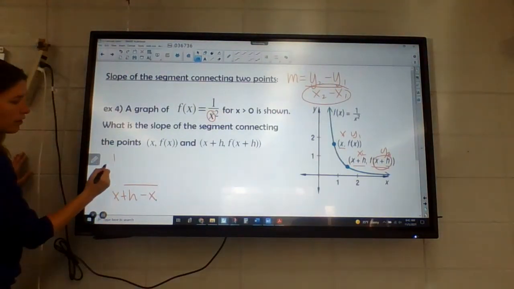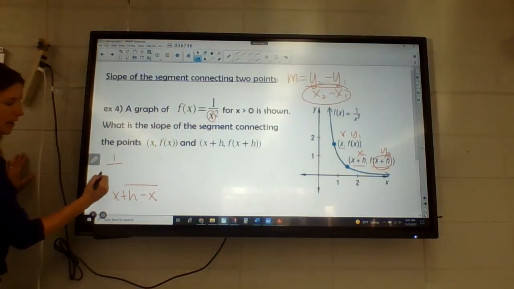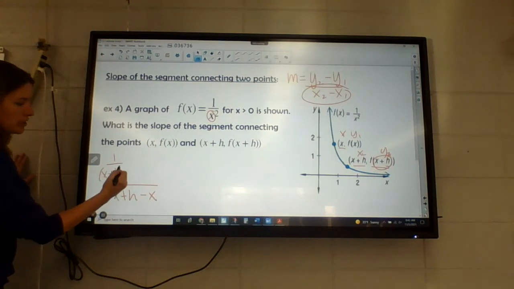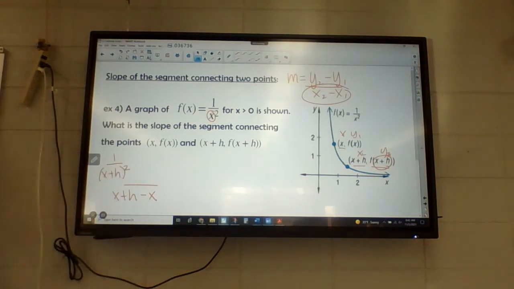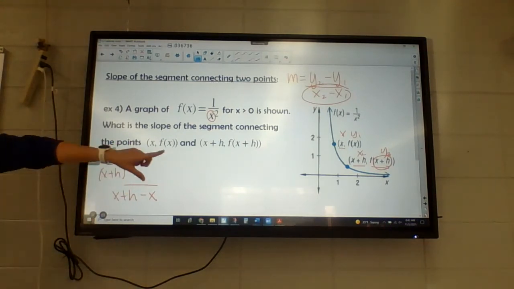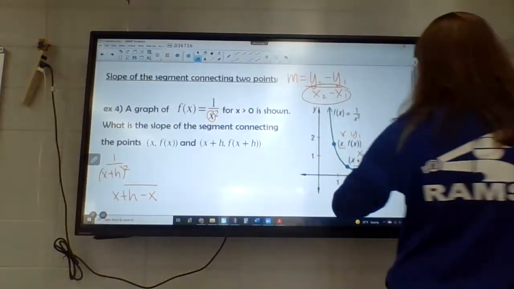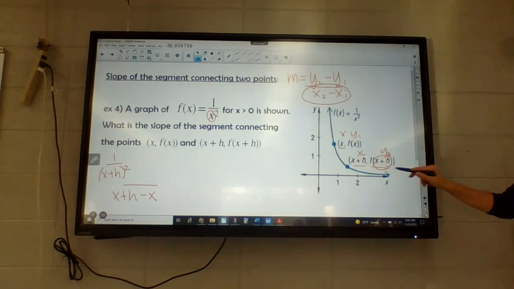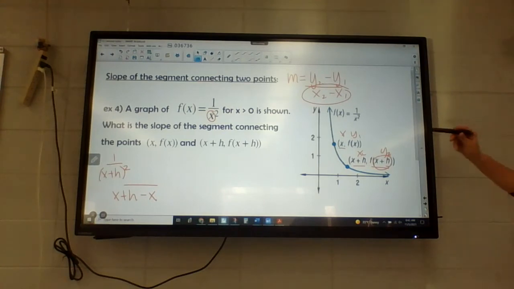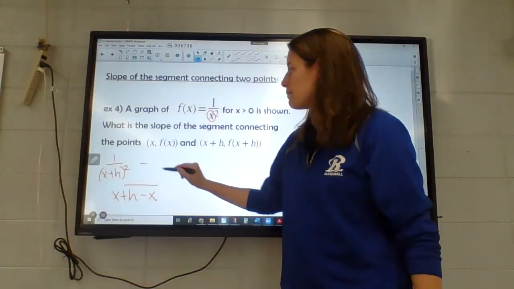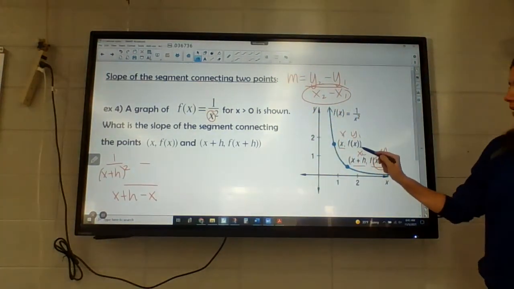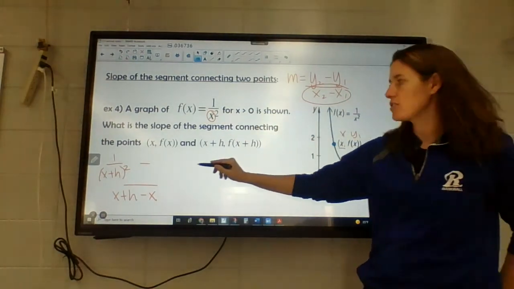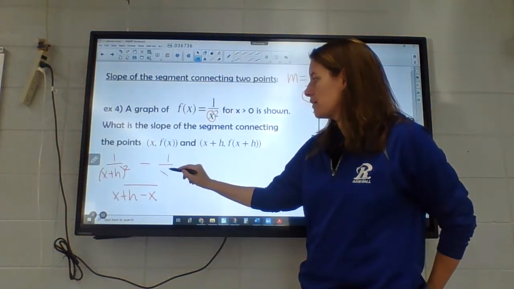So I'm going to do 1 over x plus h squared. If you see what I just did there, I took this and put it in for my x value. That'd be my y2. And I need to subtract y1. Minus y1 is just f of x. So that's just 1 over x squared.